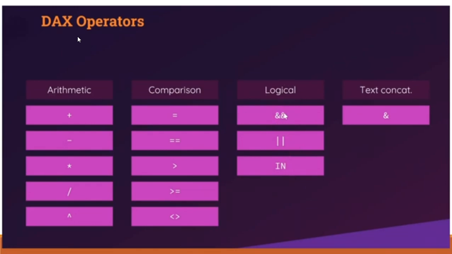Now coming to the double ampersand symbol, or the double ampersand operator. What is this double ampersand operator? This is nothing but the AND keyword. So let's say you are specifying two conditions and you want the result to populate only when the two conditions are met.